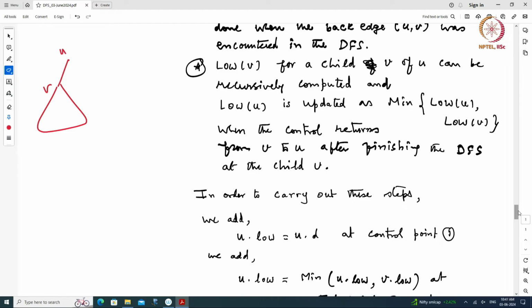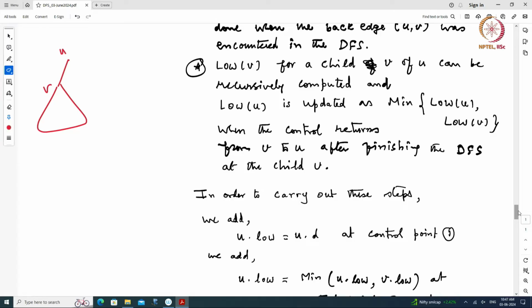Therefore, in order to compute the low, all we have to do is the following. We add u dot low equal to u dot d at control point 1. Control point 1 is when it is discovered. So, u dot low is u dot d. This step is to be added at control point 1.